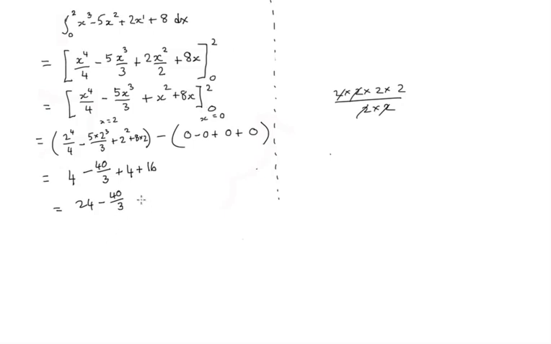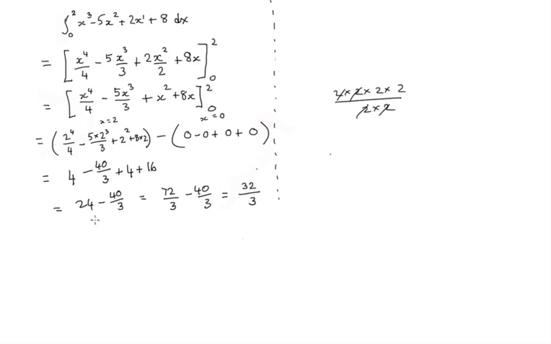Now, several ways we can now do this. We could either change this into thirds to get 72 thirds, multiplying this by 3 to get 72. So that's 72 thirds minus 40 thirds. And how many thirds do we now have? 72 of them minus 40 of them. So that's 32 thirds.